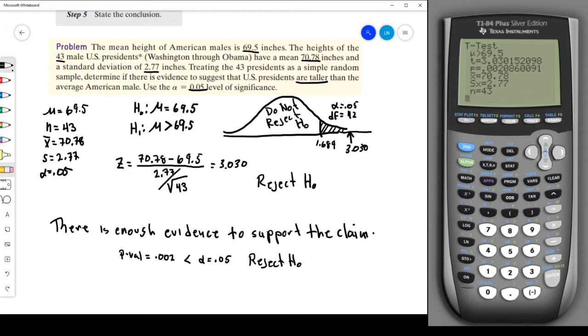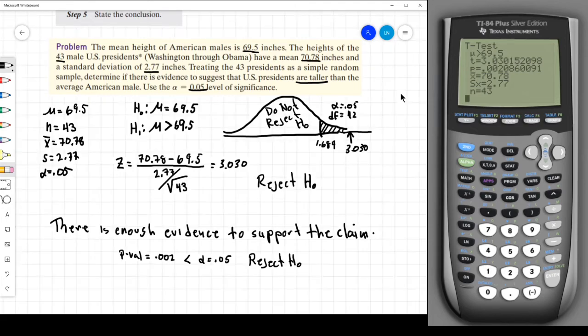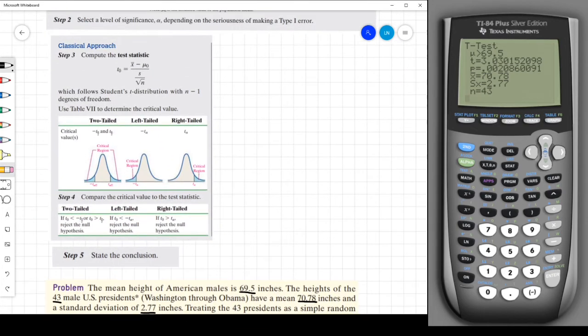Now, there's a couple of other things to think about when we are doing hypothesis tests for the mean. And those involve the types of sample that we're looking at. So, what happens if we don't have everything we need up here in these conditions, right?